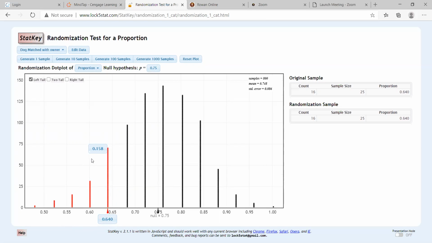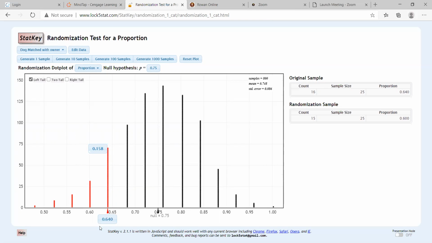And if our alpha, for example, was 0.10, 10% level of significance, this p-value of 0.158 is bigger than 0.10. Therefore, we would not reject the null hypothesis. So we would say something like, at the 10% level of significance, there is not enough evidence to reject the null hypothesis that the population proportion is 0.75. Okay?